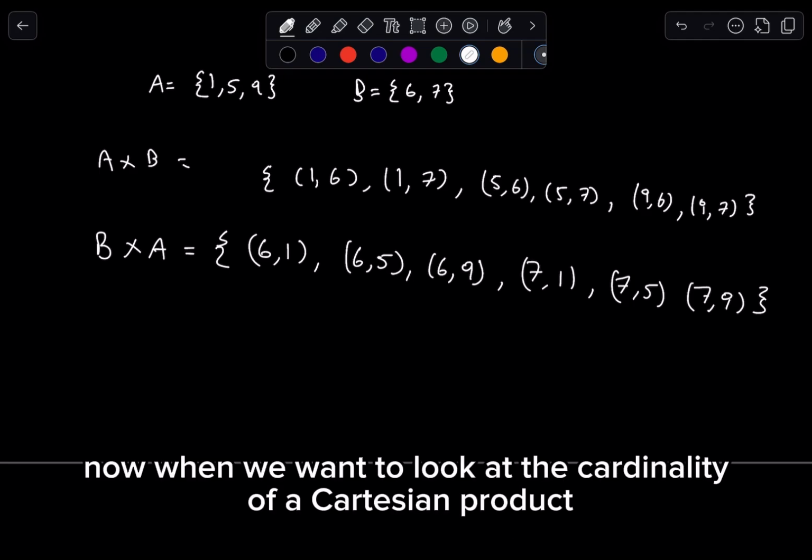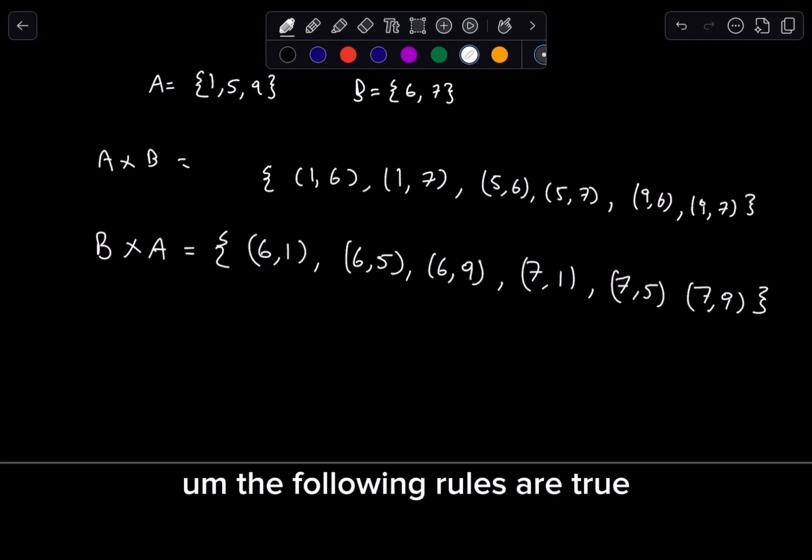Now, when we want to look at the cardinality of a Cartesian product, the following rules are true.